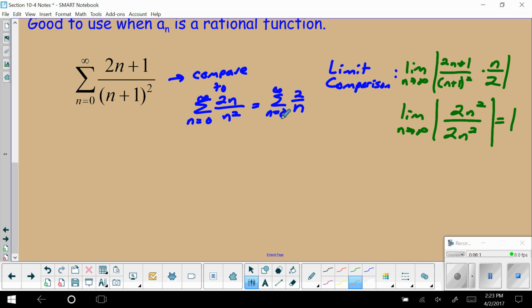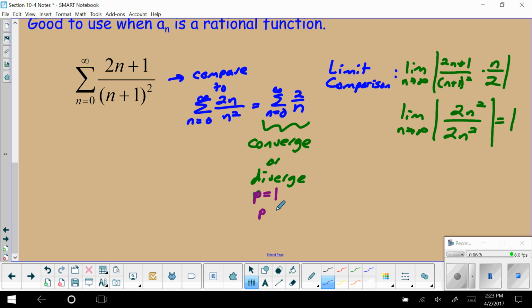And so since I now know they behave the same, I can see, does this converge or diverge? Well, I can see it as a p-series because I have a constant over n to the power, and the power is 1, so I have p equal to 1.